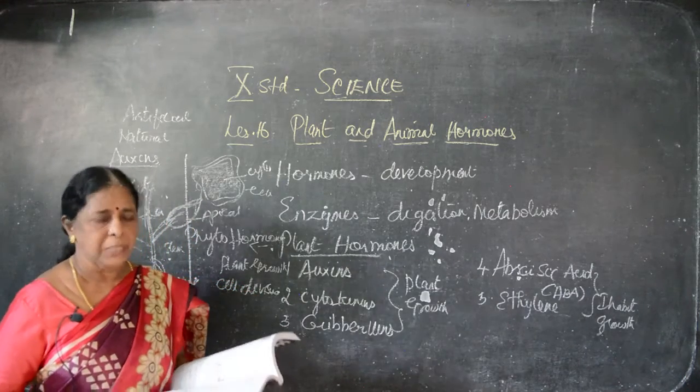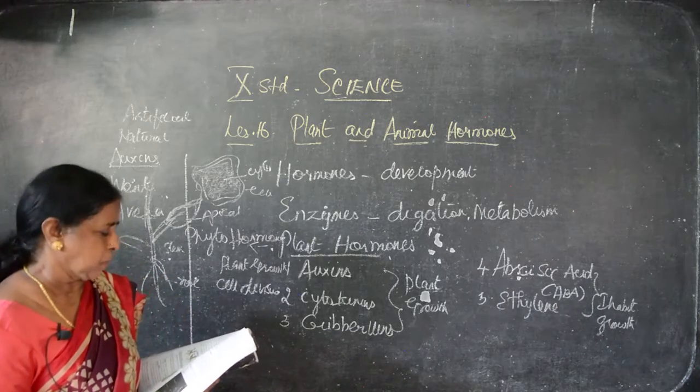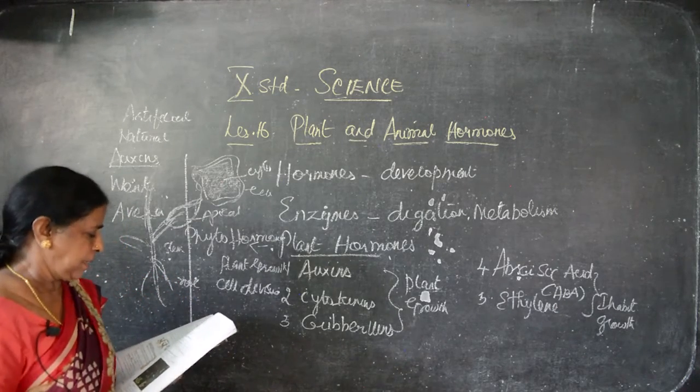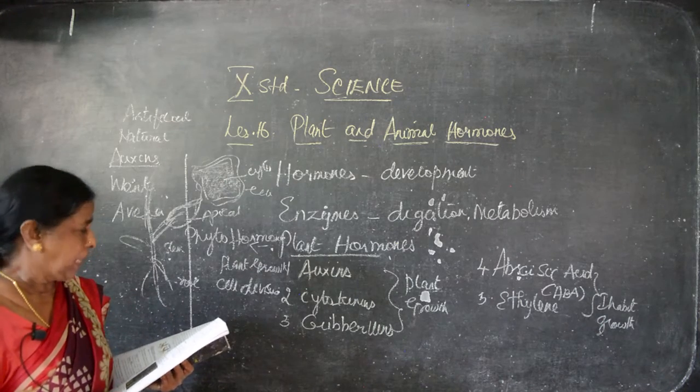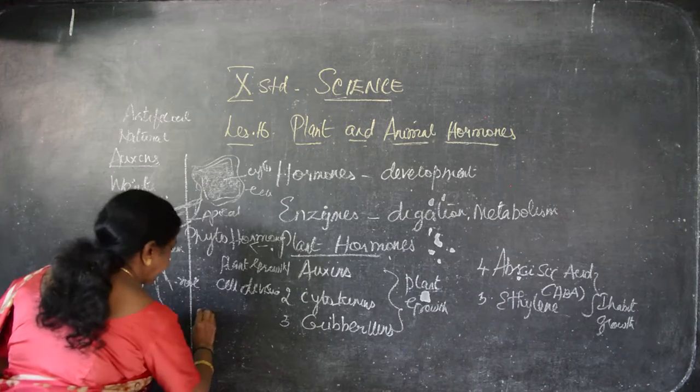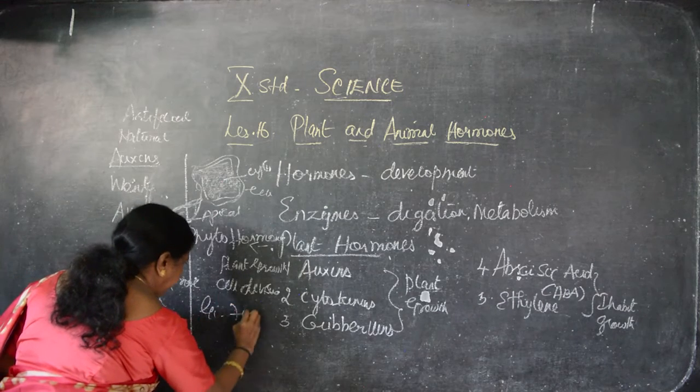And the next one is gibberellin. It can be seen on the rice plant. It is produced by a fungus, Gibberella fujikuroi.